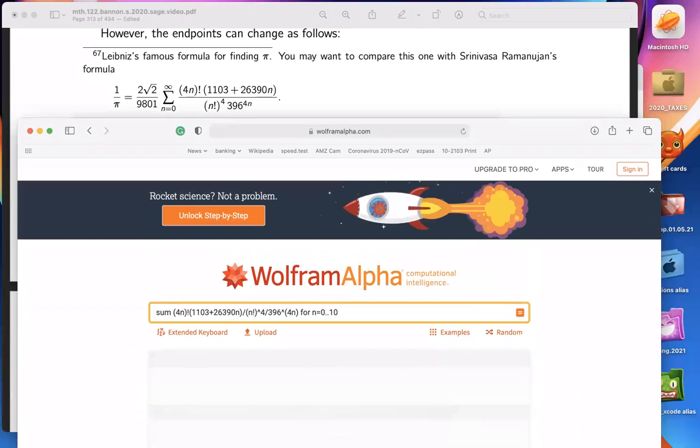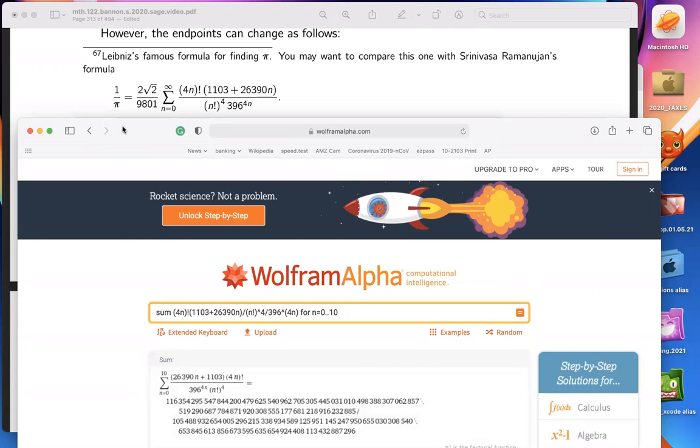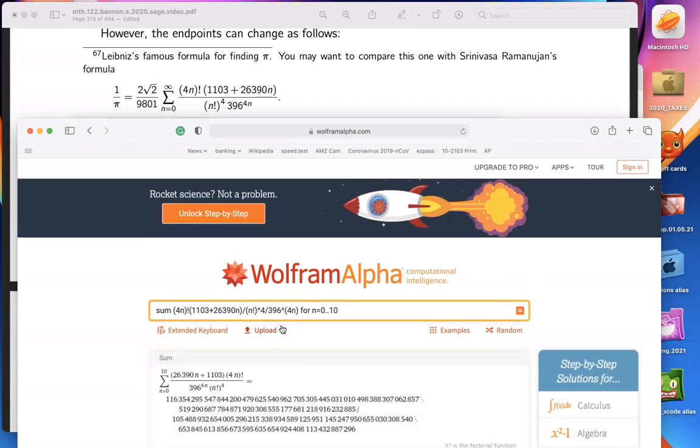So hit the enter button. And I wanted to see if I typed it in okay. The one thing I like about Wolfram Alpha is that it takes my typing and says, did they understand what I want to type in? And I think so. 26390n plus 1103, 4n factorial. Yeah, it looks good.